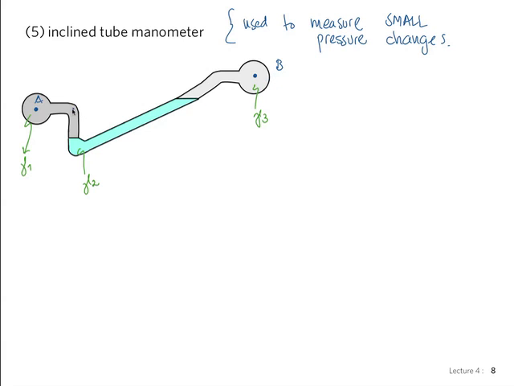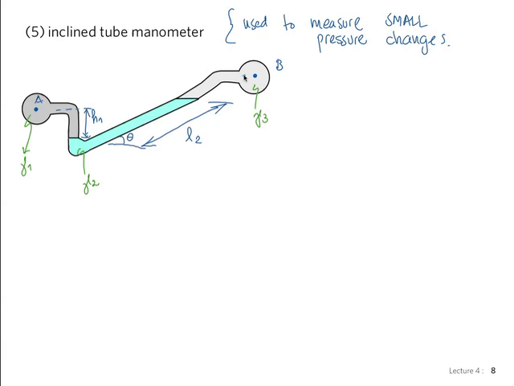And we go same as before. We have H1, and what we will do is we have an angle here, theta, and what we measure in the inclined manometer is going to be this length, L2, and we just need to incorporate the angle, because what matters is going to be the heights.